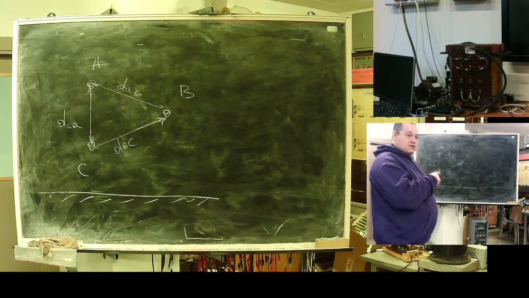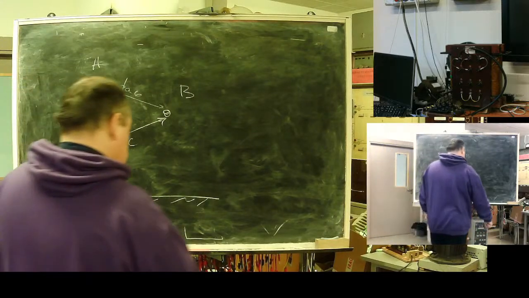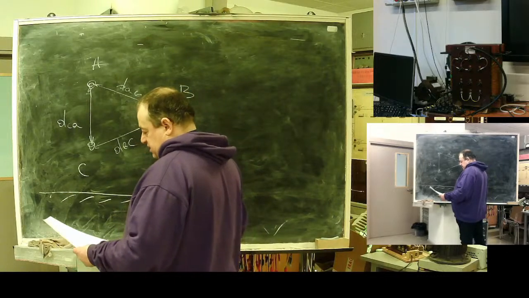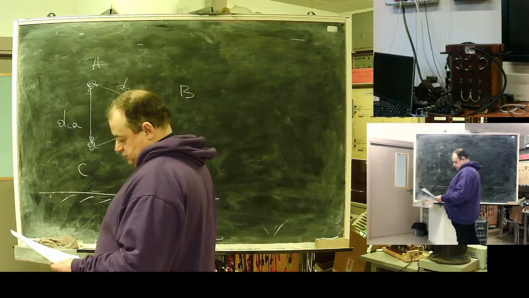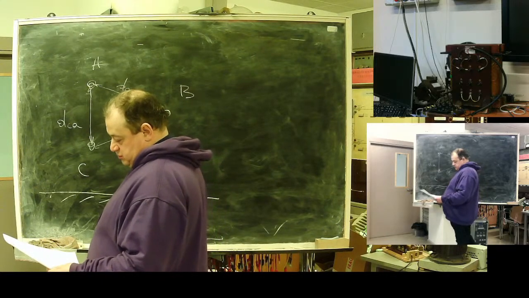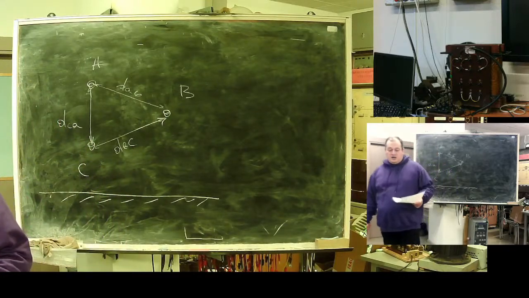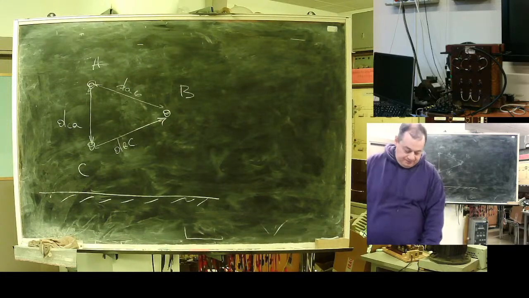So this works if you have a full transposition cycle, if your line is symmetrical relative to ground. If your line is symmetrical, current will distribute evenly.